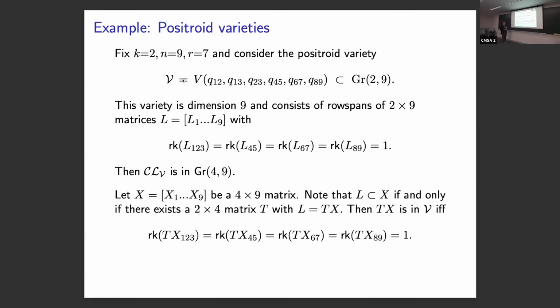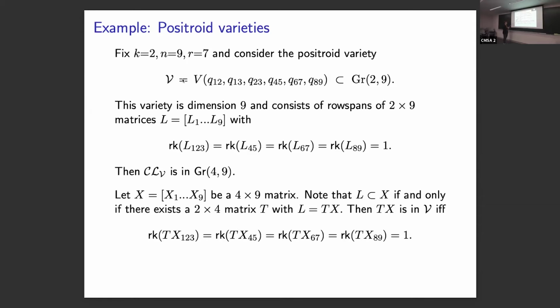But what is the Chow-Lam locus? It's going to be parametrically given by 4x9 matrices that contain a 2x9 subspace in the row span, where that subspace is an element of the variety. You can say the 2 rows must be some linear combination of the 4 rows of X. That's where you get some T matrix, which expresses that linear combination.